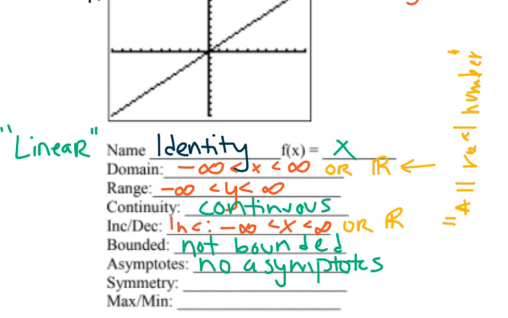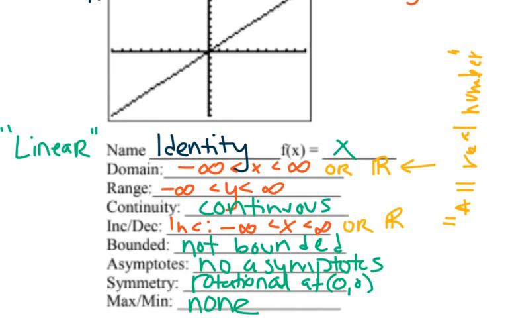So in that case, our symmetry is rotational symmetry. And remember that it's given to be at 0, 0, but we may as well be as specific as possible. So rotational at 0, 0. And then they're asking for our maximums and minimums, and we don't have any, because they're either infinity or not there. So in that case, that is none.